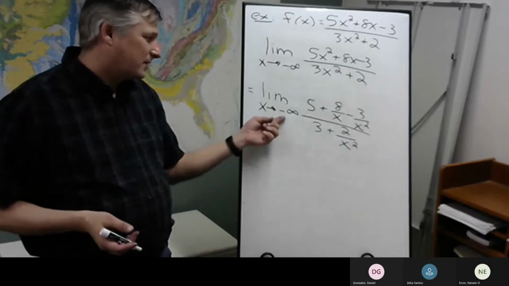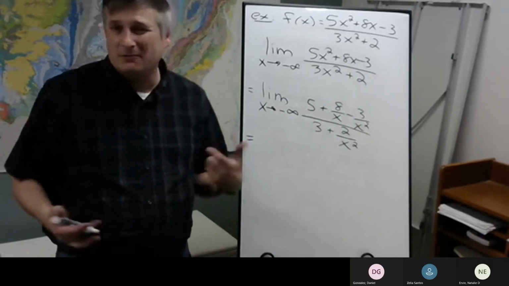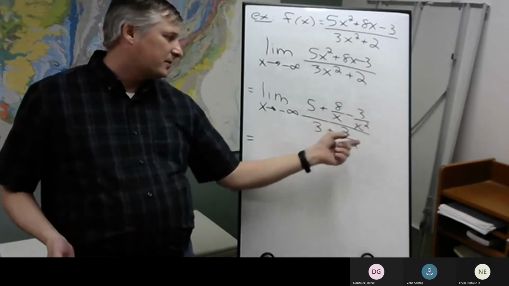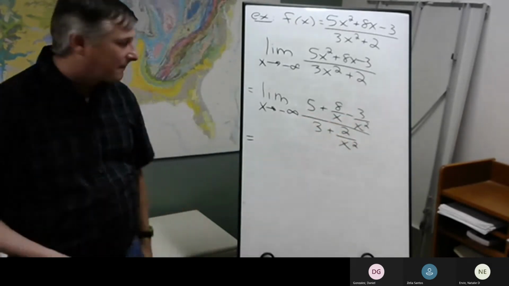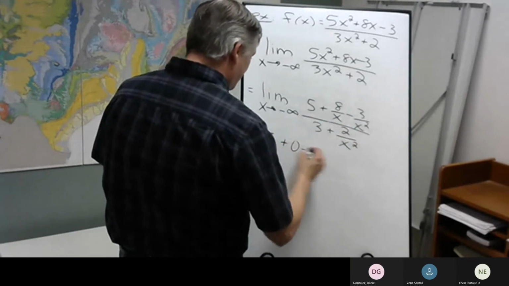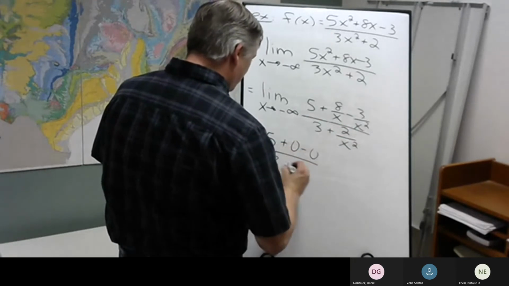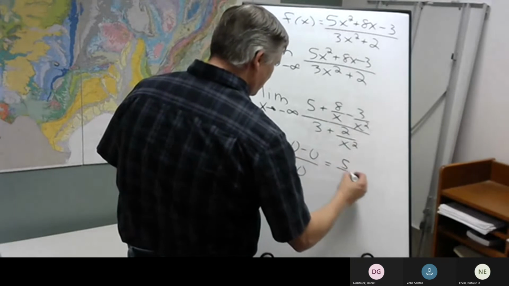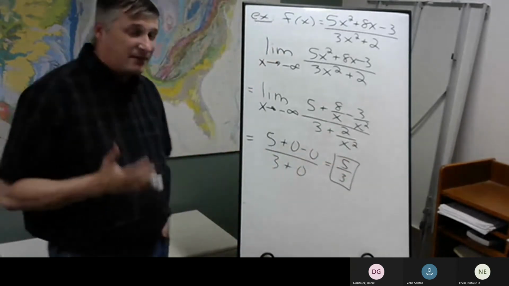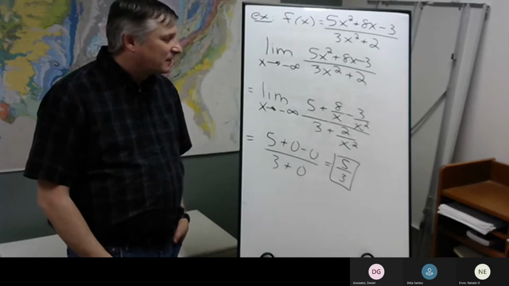The difference is x is going to negative infinity. Well, it's not really going to make a difference. This will go to 0, this will go to 0, and that's going to go to 0. So 5 plus 0 minus 0 over 3 plus 0, or 5/3. And that's going to be our answer.